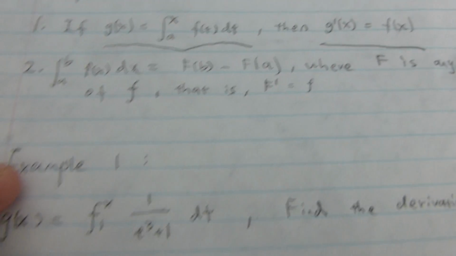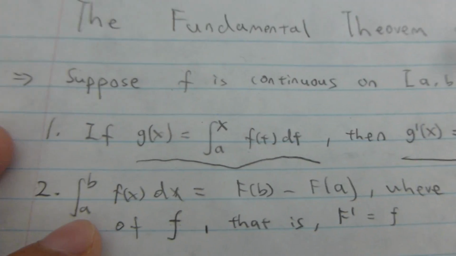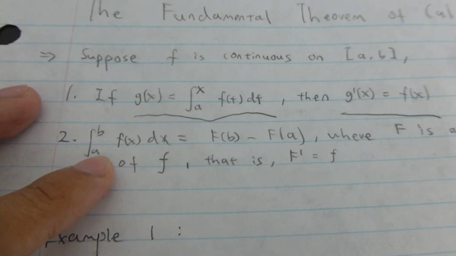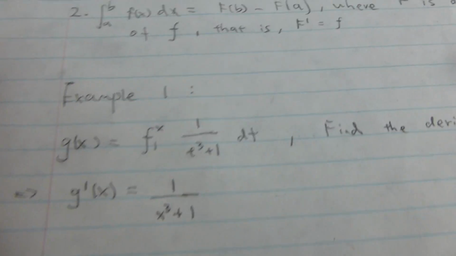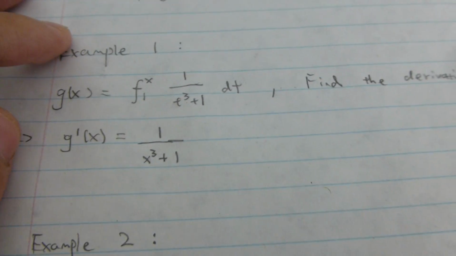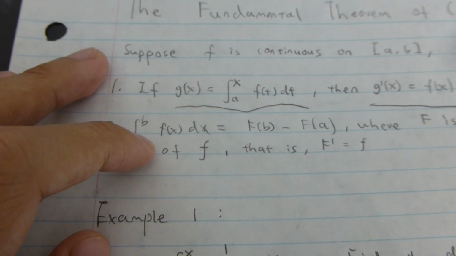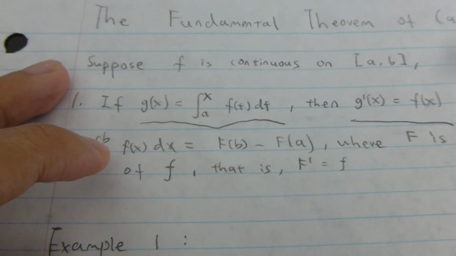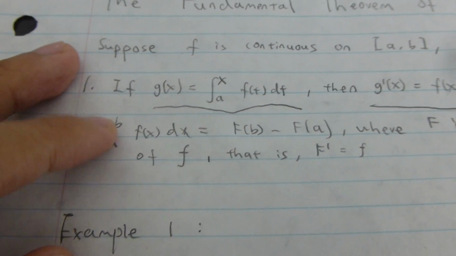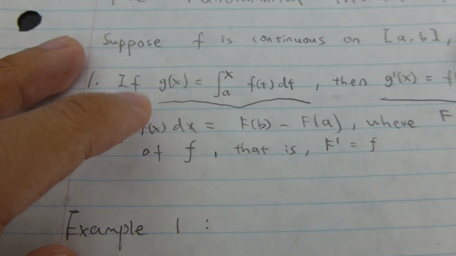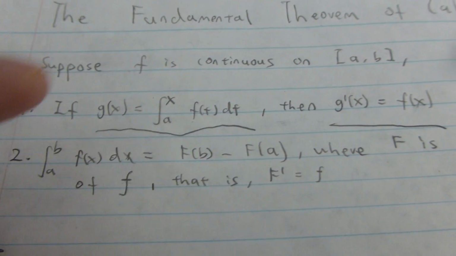On the second one, I'm going to show you another example of how to apply the second part. Keep in mind, to apply the second part you need to make sure a and b are both numbers.